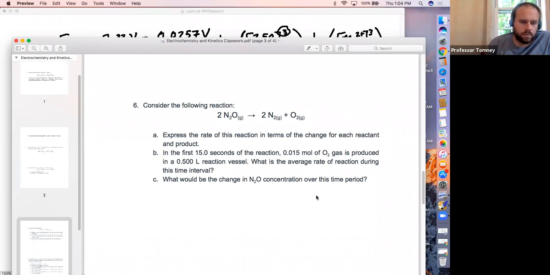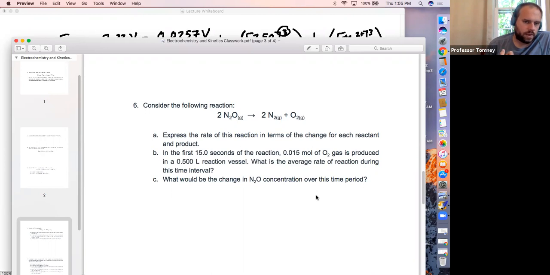In B, we're going to actually start calculating a rate. It says in the first 15 seconds, so that's time 0 to time 15, there was 0.015 moles of oxygen produced in 0.500 liters. That means we need to put that together to get a molarity, right? What will be the average rate of the reaction during this time interval?